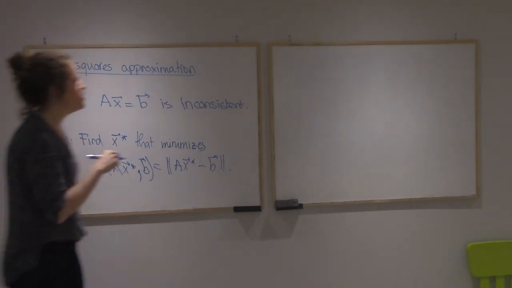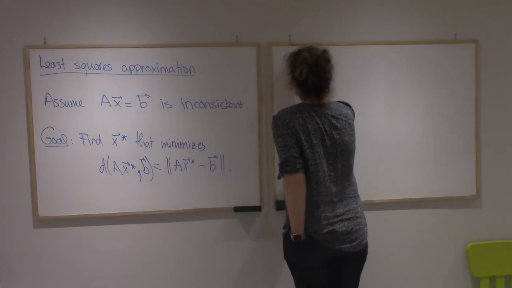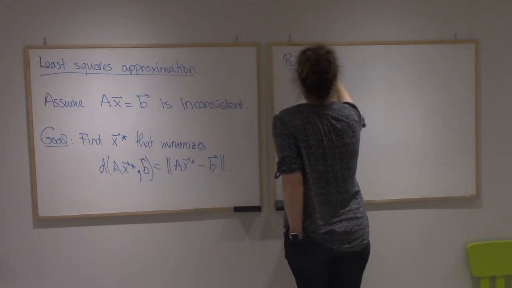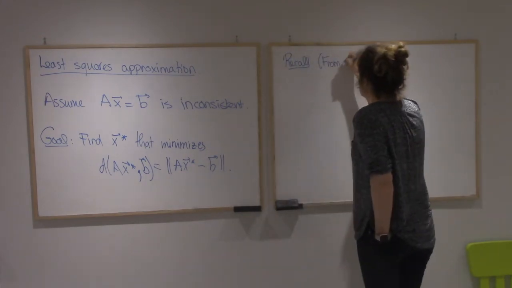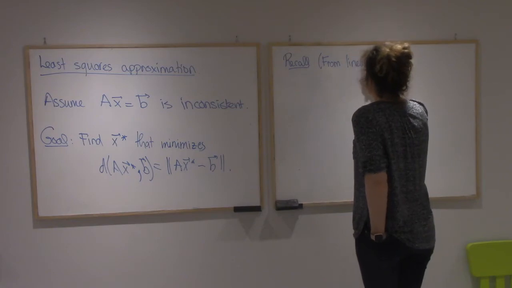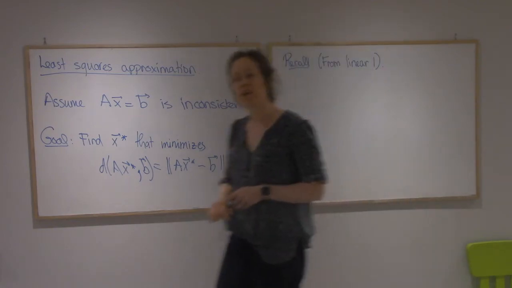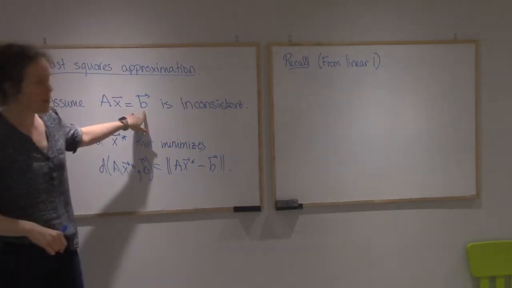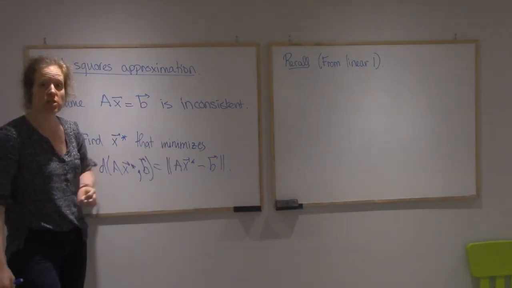So one thing we learned in linear 1, we learned something about the b's for which there is a solution.